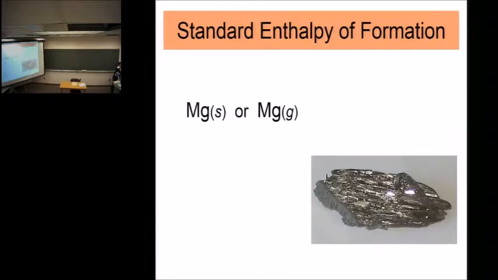All right, so for an example, let's take a look at this one. Which one has a heat of formation of 0, magnesium solid or magnesium gas? Magnesium solid? How do you know? Because it's in solid state normally. Yeah, because under these conditions, magnesium exists as a solid. We know that, right?